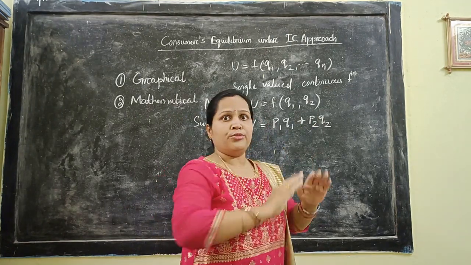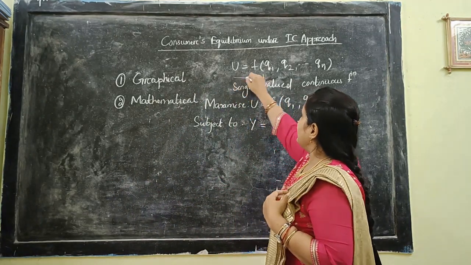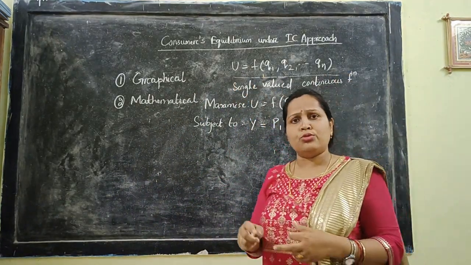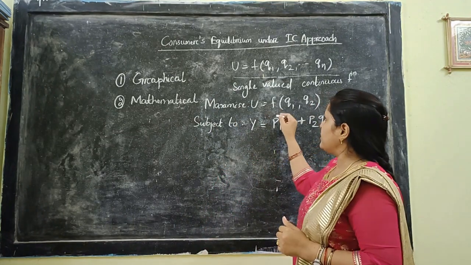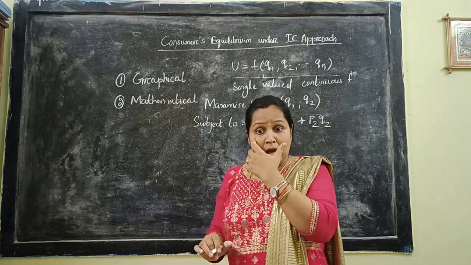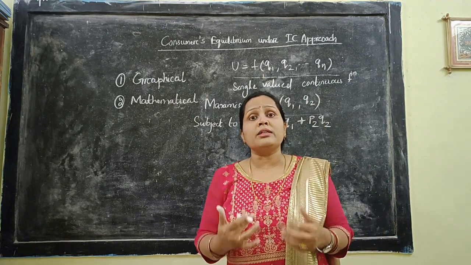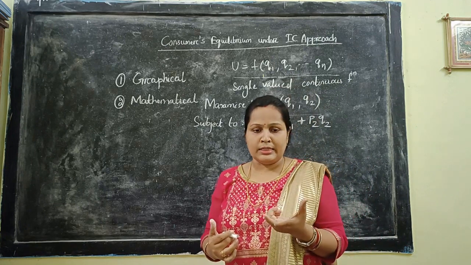Then coming to the indifference curve approach. We talked about utility as a function of Q1, Q2 up to Qn if there are n commodities, and for ease of understanding we have taken two, Q1 and Q2. Now the problem is how to measure utility.